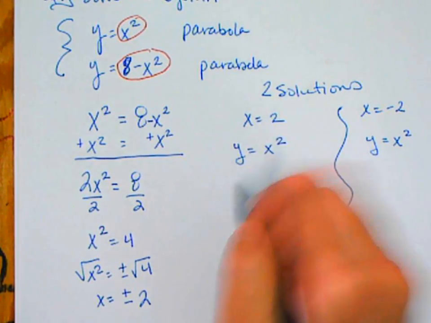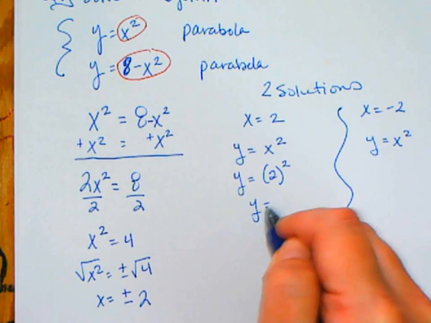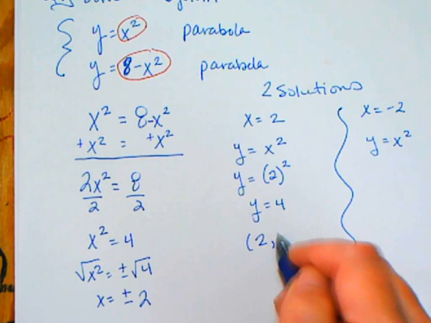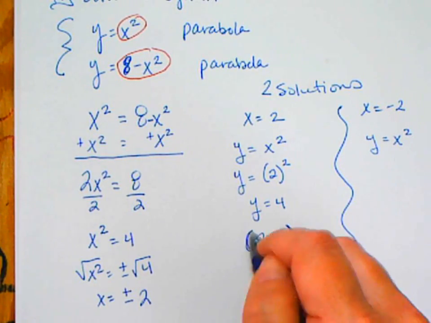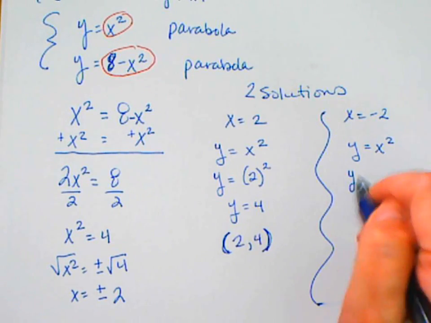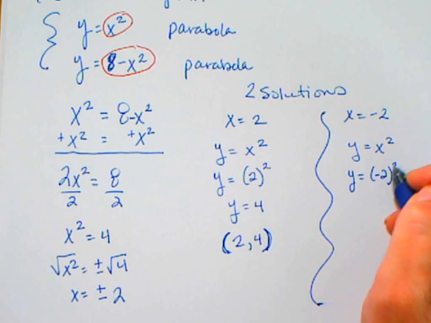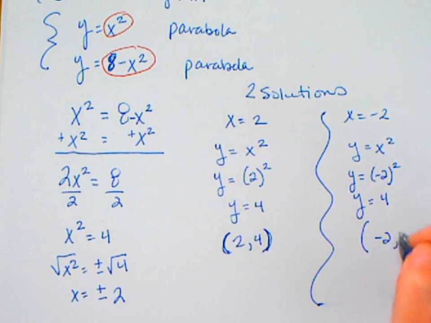And when x equals positive 2, y equals positive 4. So 2 comma 4 is one of my solutions. And when x equals negative 2, y is still positive 4. So that's my other solution.